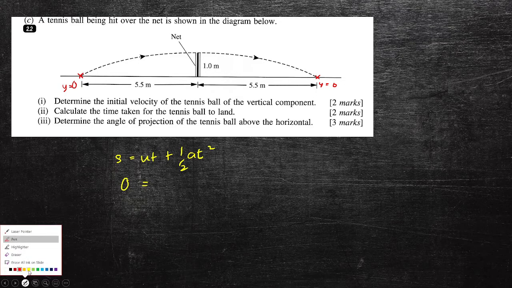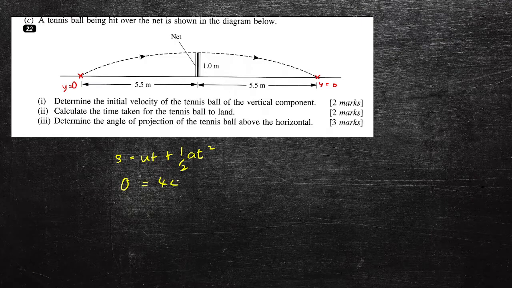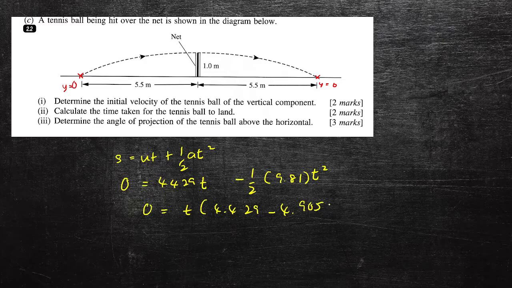Now we continue: 0 equals 4.429t minus 1/2 times 9.81t squared. Quadratic equation again: 0 equals t times (4.429 minus 4.905t). And t equals 0.903 seconds. So it takes 0.903 seconds to land.